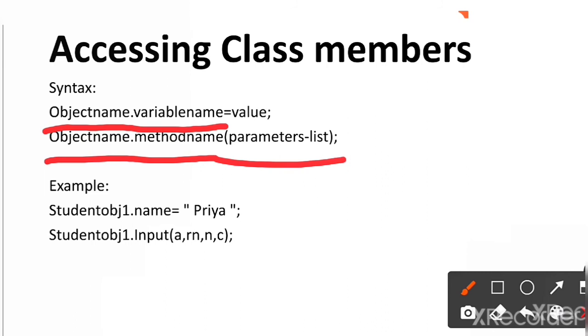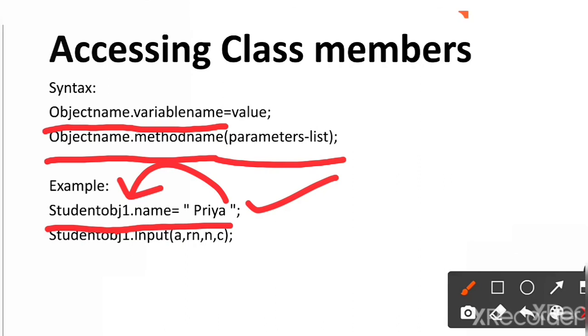Okay, so here is an example to illustrate how to access a variable as well as a method of a student class. We have already created an object of the student class, that is student object 1. To access the name of that object, we will write student object 1 dot name. By writing this, we are assigning the name, that is Priya, to this variable, that is the name variable, through an object of that class.